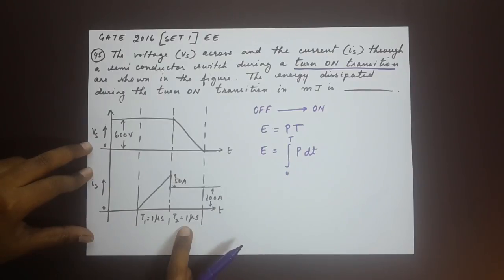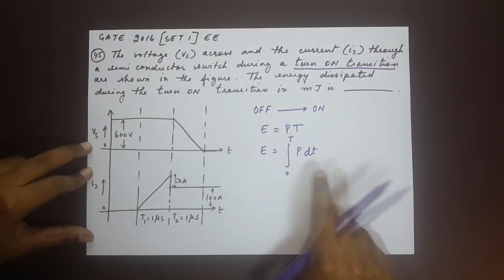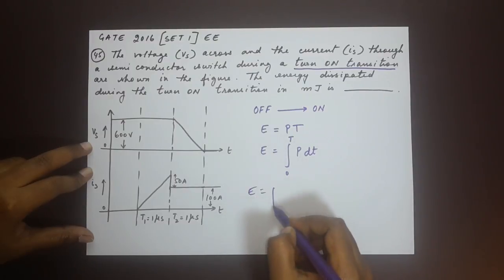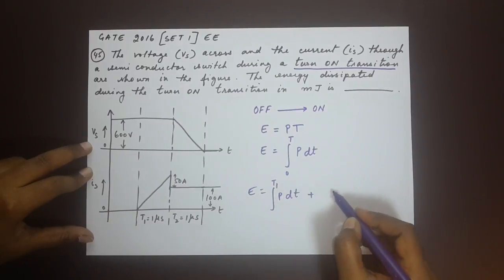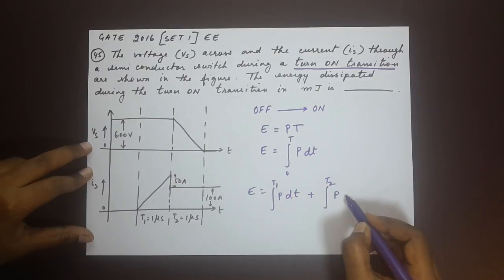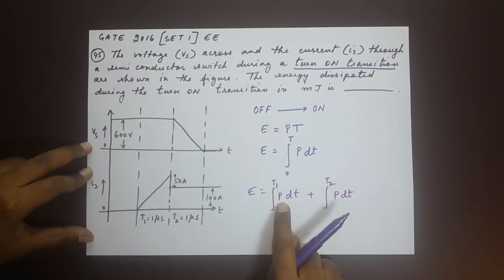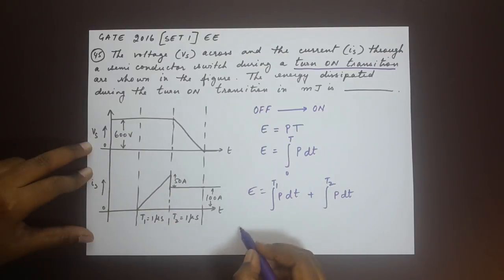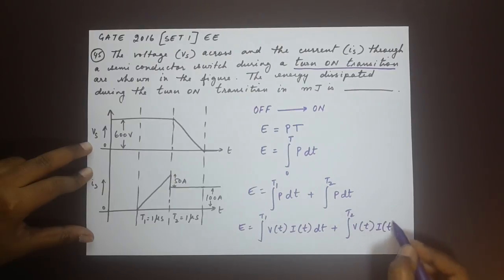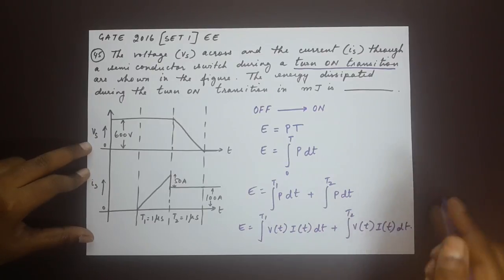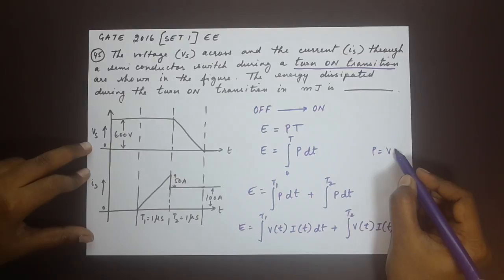So it has been divided into two parts. So we will divide this into two parts as well. E is equal to, during the period T1, integral of power dt, plus during the period T2, integral of power dt. Now the formula for power in terms of voltage and current can be written as V of t, I of t dt plus the integral over T2 of V of t, I of t dt, since power is VI.